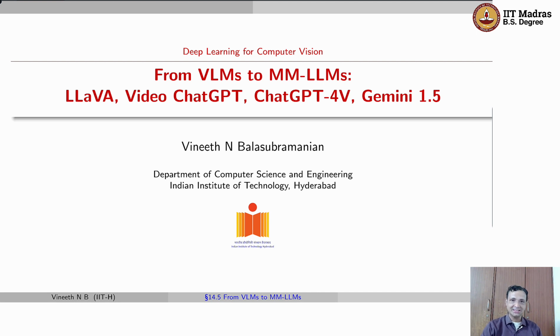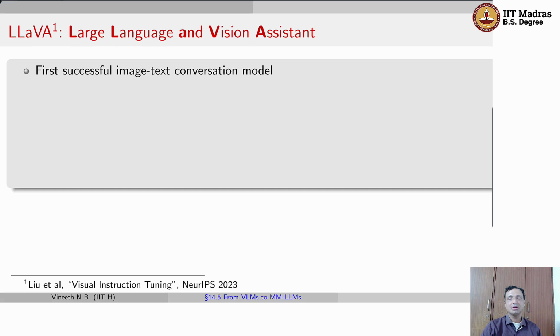These acronyms can seem confusing, but broadly they stand for multimodal LLMs or large multimodal models. In particular, we'll try to cover a few different ones like LLaVA, Video-ChatGPT, ChatGPT 4V and Gemini 1.5, of which we only have cursory information at this point in time.